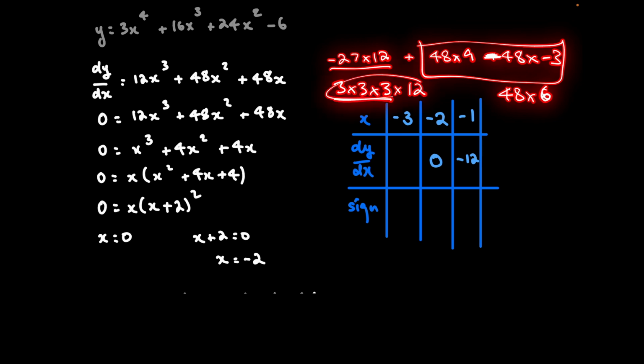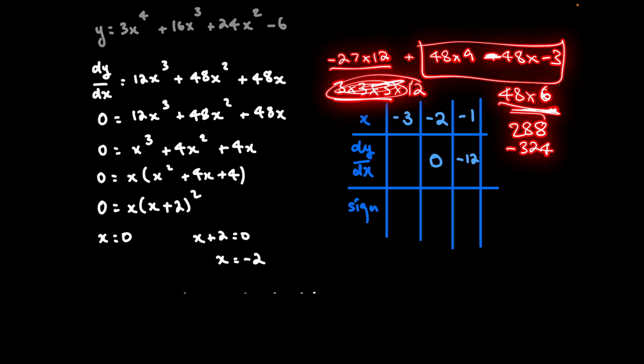That doesn't really help us. Okay, we can say that 48 times 6, let's work that out using our calculator, is going to equal 288, and then minus 27 times 12 is going to equal minus 324.